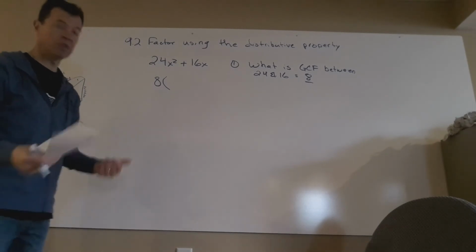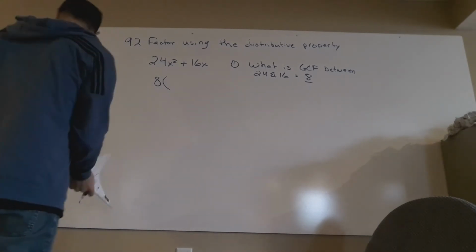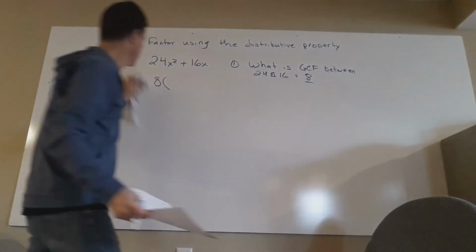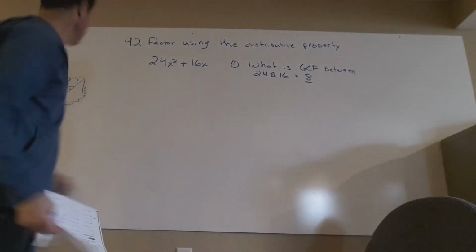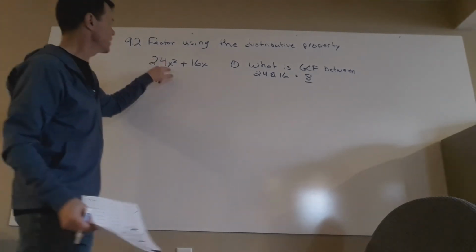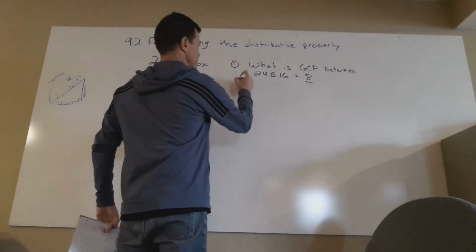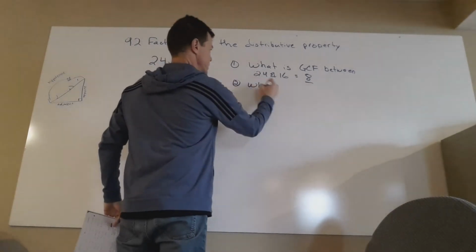But I still have some more things in there. I have an x that I can factor out. So you then need to ask yourself, what is the greatest common factor between x squared and x? All right.